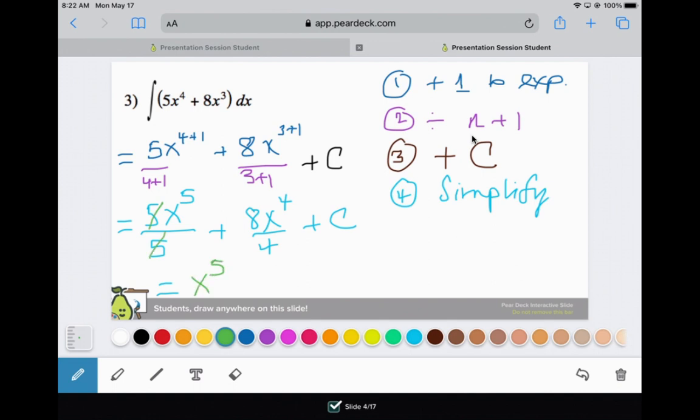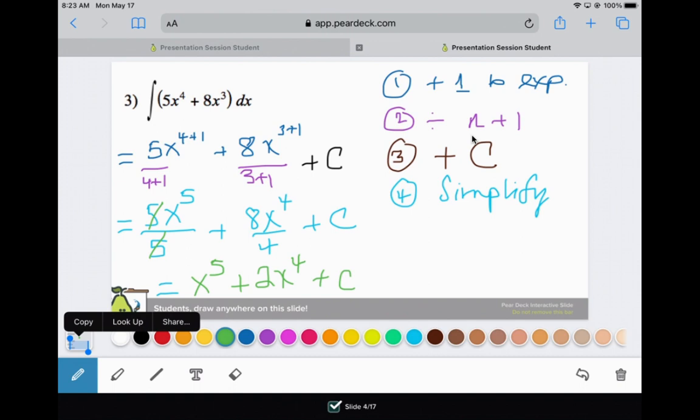So x to the 5th, 8 over 4 is the same as 2, and then the plus c. Notice I do not divide anything with c. C is just plus c. There's nothing for you to divide. The c is there for the constant that you may or may not have. You just don't know.